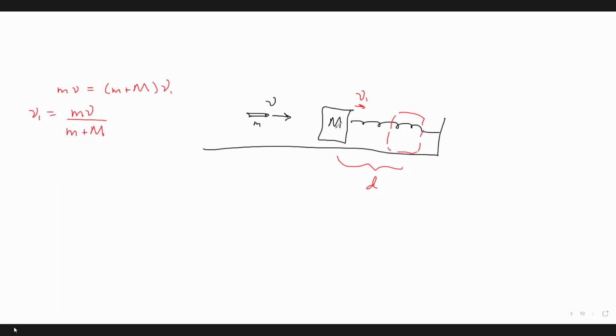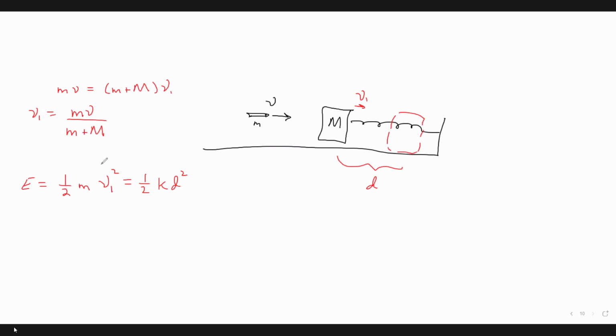Now, at this point the collision is over, so I can use conservation of total mechanical energy. So I have this velocity, so my total energy is going to be 1/2 little m plus big M times V1 squared. That has to equal the total energy of the system when it's compressed its maximum amount D, which is just 1/2 K D squared.